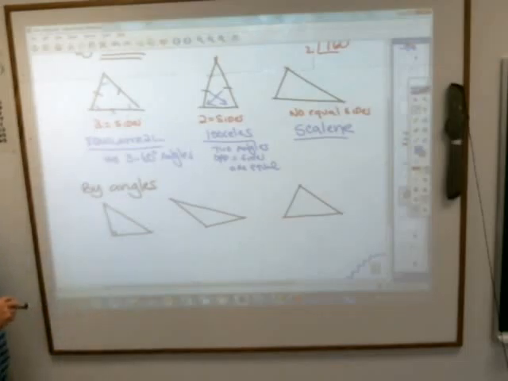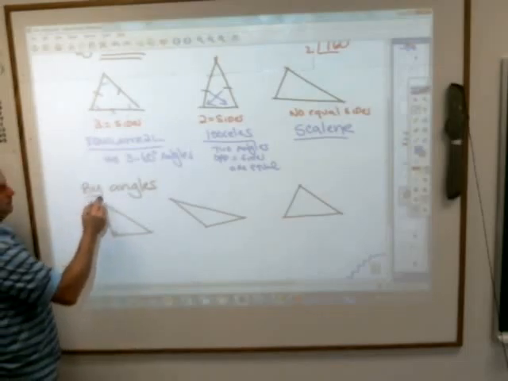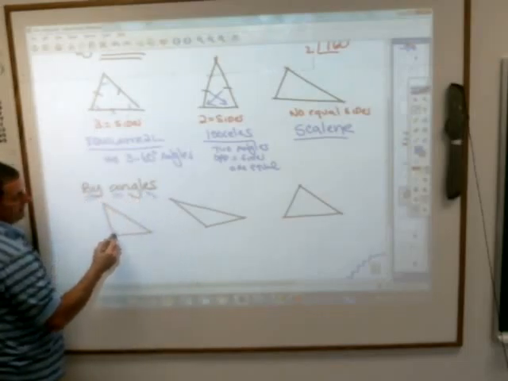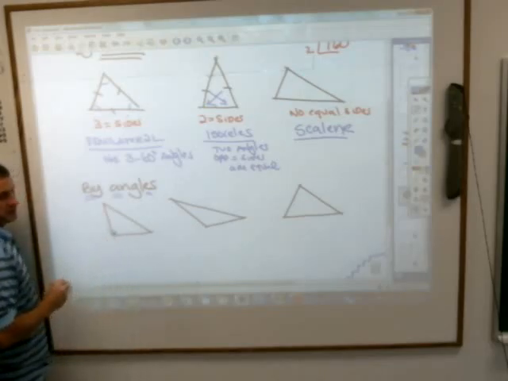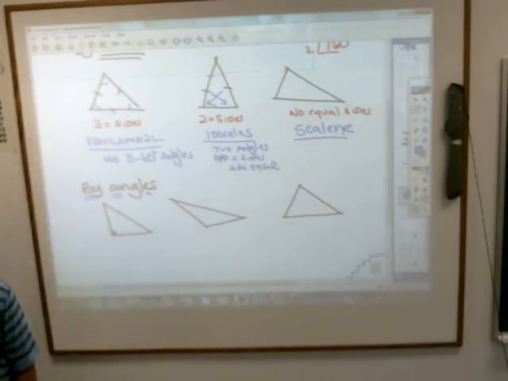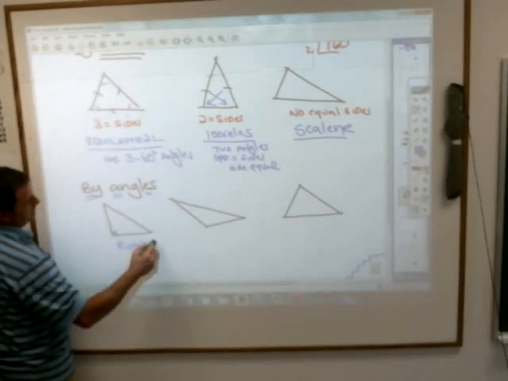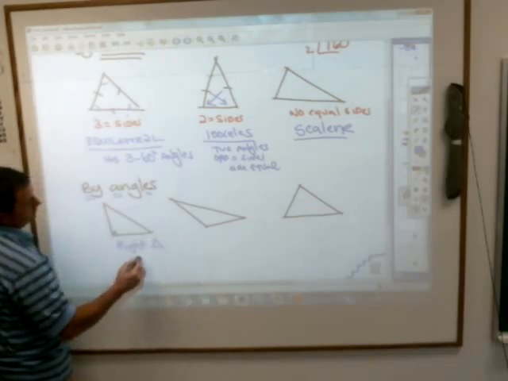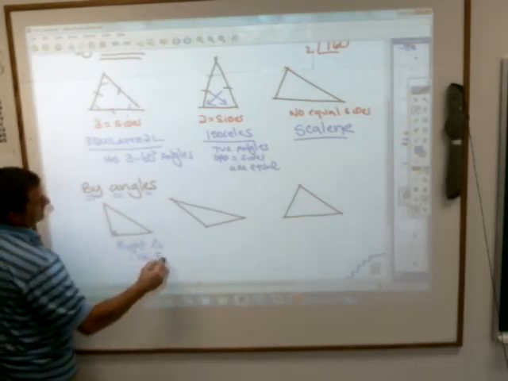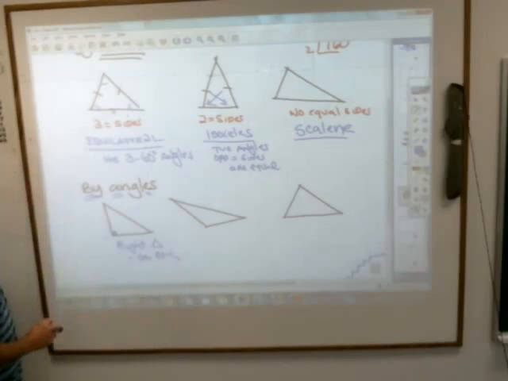And I know this will be tough for you. By their angles, what do you suppose this triangle's technical name is? Mackenzie? You are correct. It is a right triangle because it has one right angle. You couldn't have more than one right angle, ever.